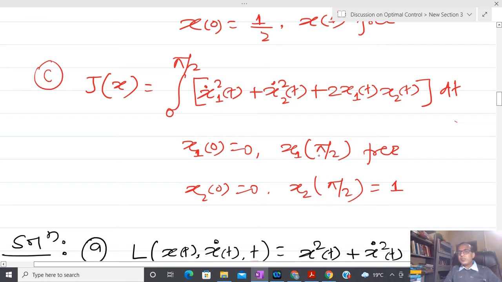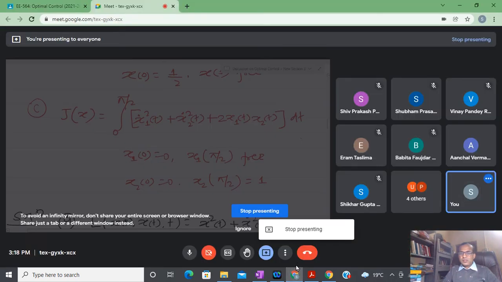Okay, now could you please guess how many Lagrangian equations come into the picture? Anchal, could you please guess how many Lagrangian equations come into the picture, and about which variable? I am asking about the Euler-Lagrange equation.